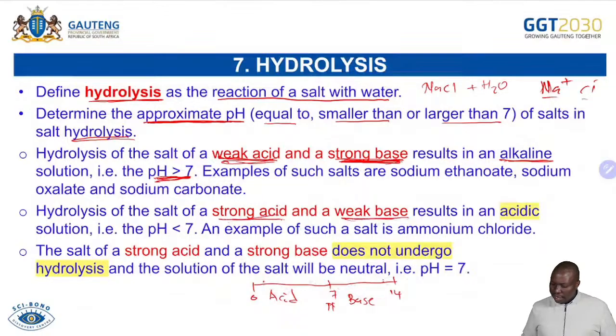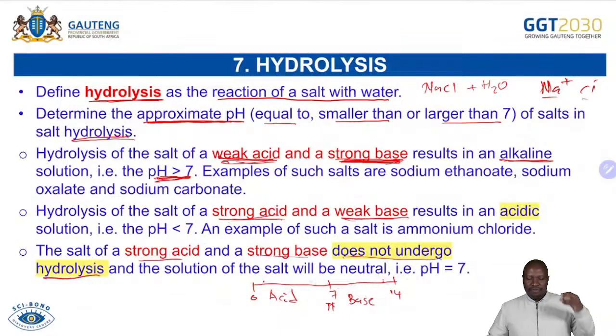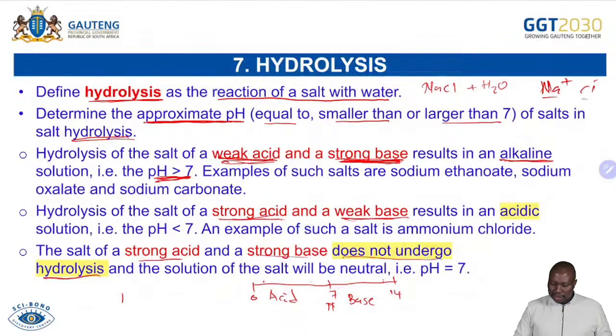And we are saying that the salt of a strong acid with a strong base, strong and strong, does not undergo hydrolysis. So it's very important that when you do hydrolysis, you always check where the salt is coming from. So if we have a salt called sodium chloride, for example, we'll check where sodium chloride is coming from.